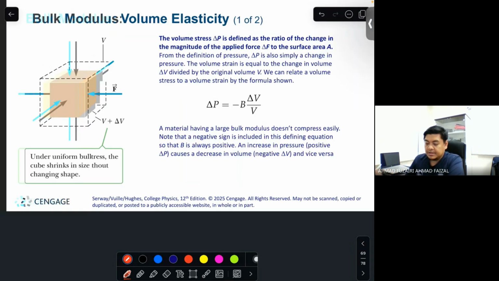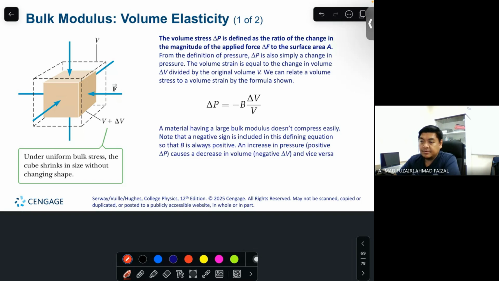Okay, now we go to the bulk modulus, the third one, the volume stress. You can see in the slide we have a solid cube that is under a uniform pressure and is therefore compressed on all sides.